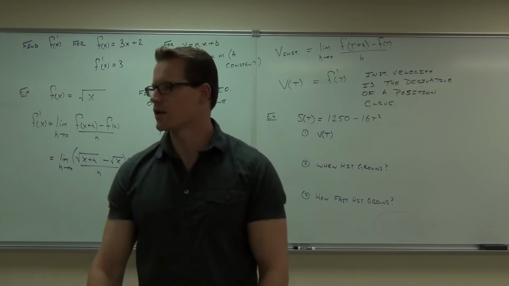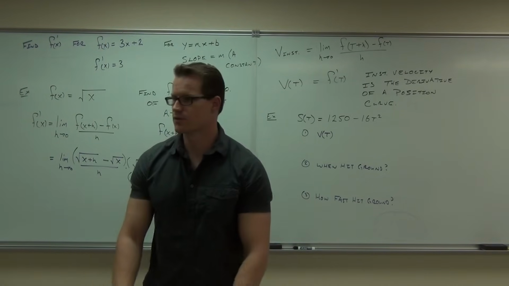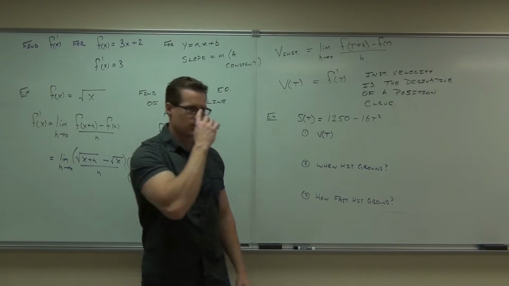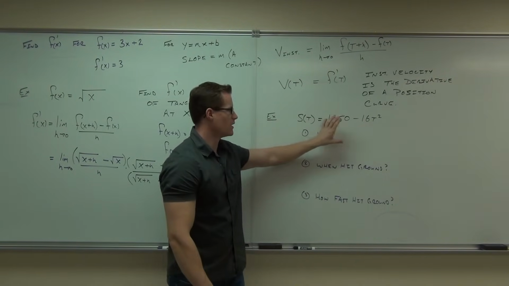What are you going to do right now? You're going to take the derivative. Why don't you go ahead and do that? Take the derivative for me. You already know all the stuff to take a derivative, so take the derivative of that thing.